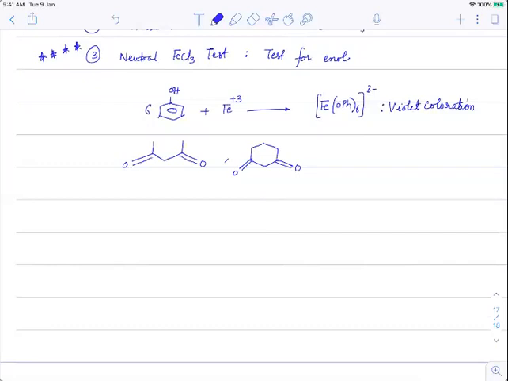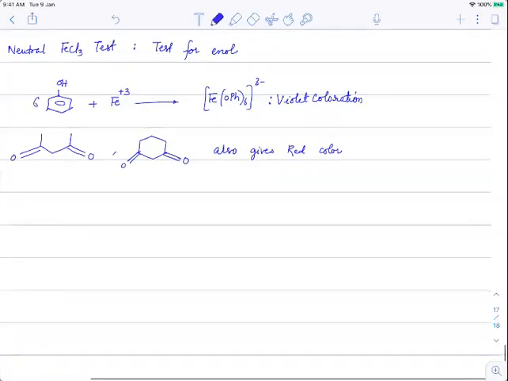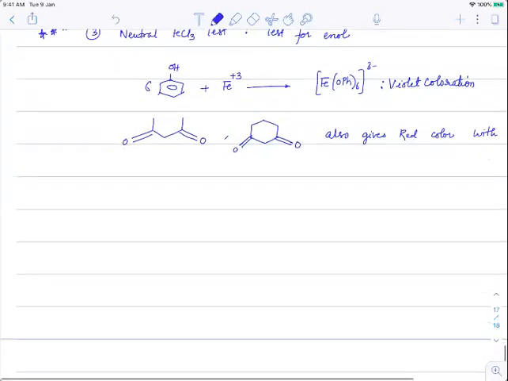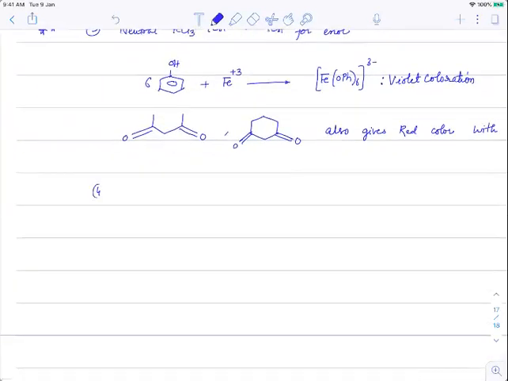So any group which has high enol content will always give this FeCl3 test. Also gives red or any color. You'll just ask whether it is colored or not. Any color with FeCl3. Okay, so that is about the FeCl3 test.